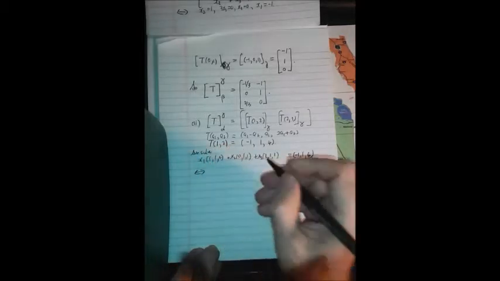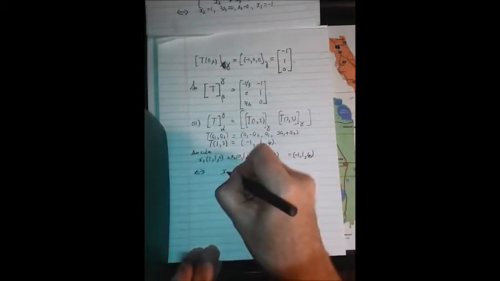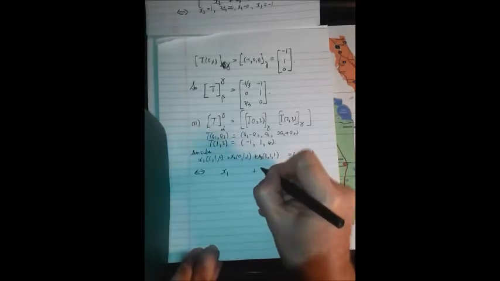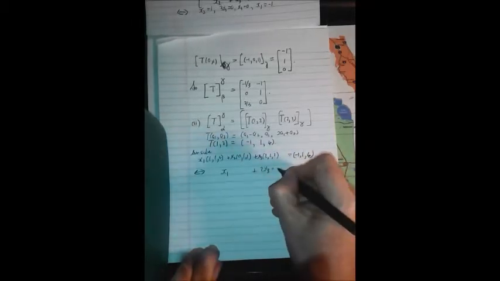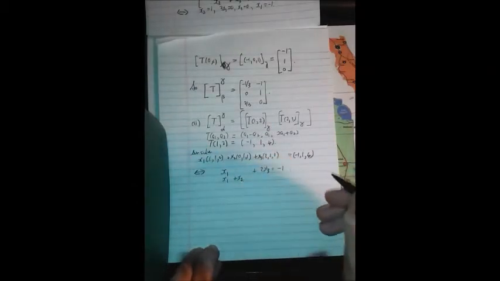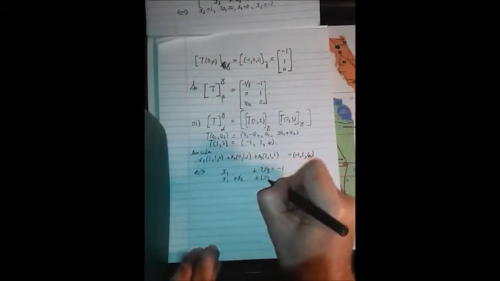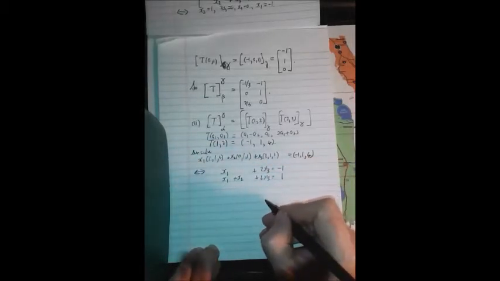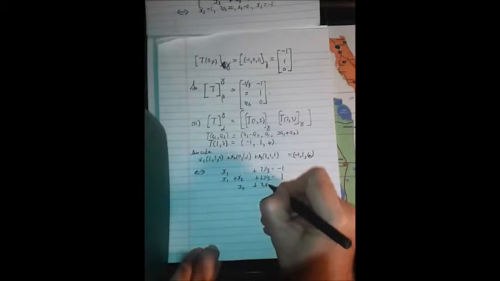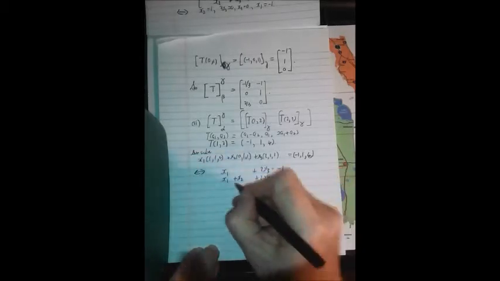Again, by looking at components, this gives us the system of equations: x1 plus 2x3 equals -1, x1 plus x2 plus 2x3 equals 1, and in the third component, x2 plus 3x3 is 4.